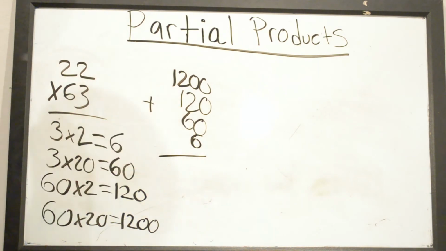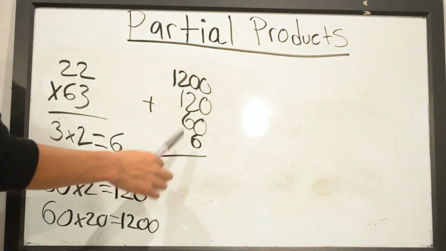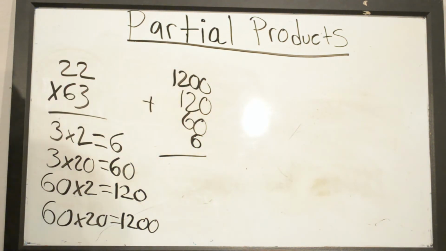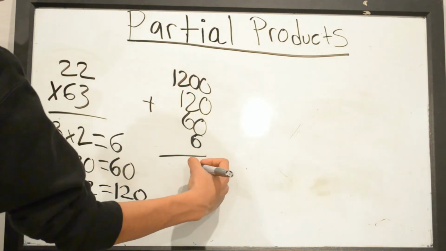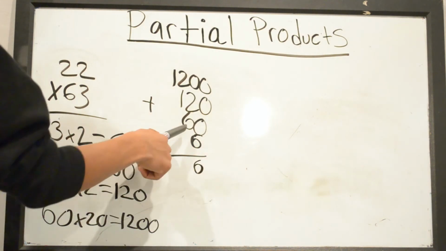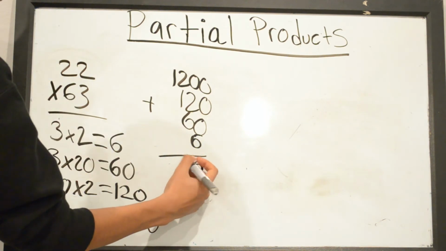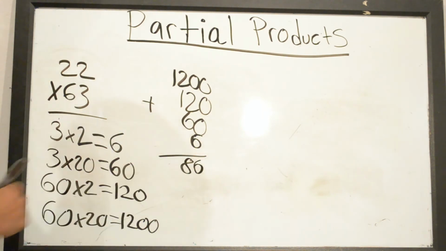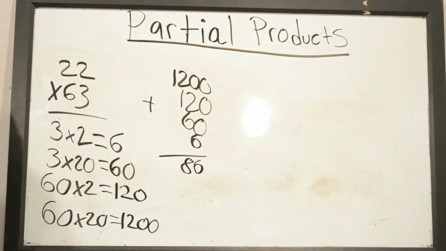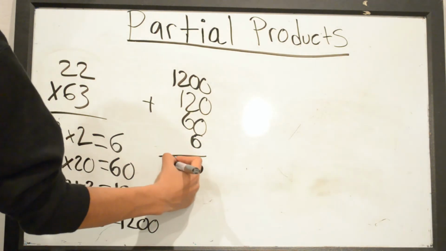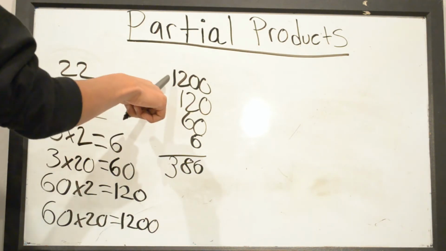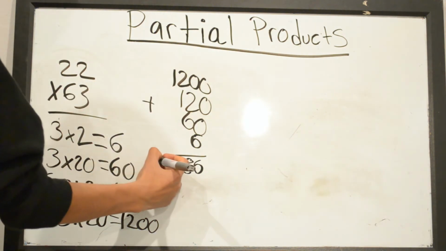Now we add all of them up. 6 plus 0 plus 0 plus 0 is 6. So we write 6 here. 6 plus 2 plus 0 is 8. So we write 8. 1 plus 2 is 3. So we write 3. 1 plus nothing is 1.